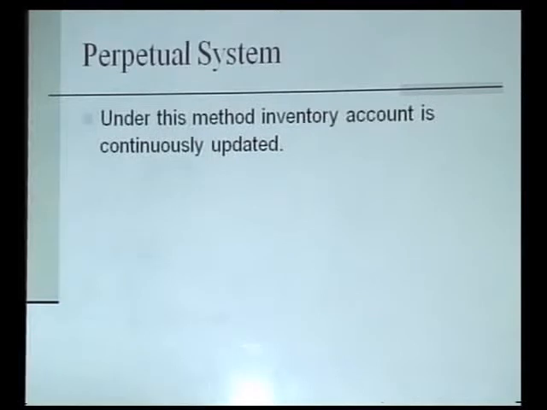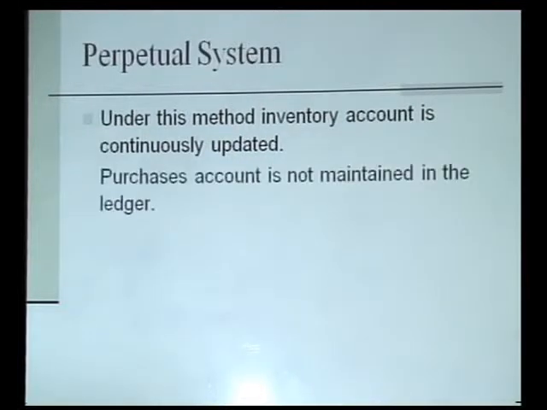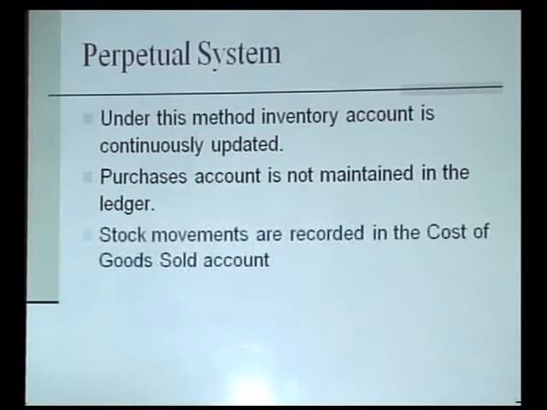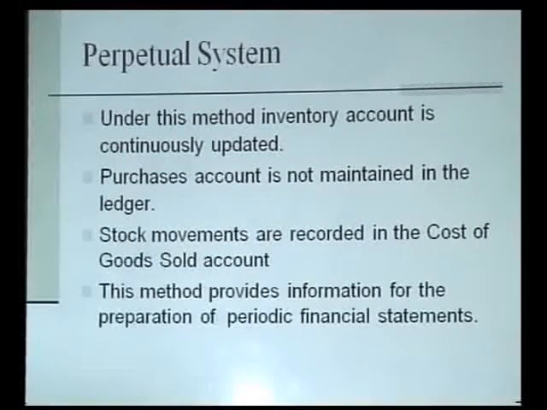Under the perpetual system, inventory account is continuously updated. When there is a change in inventory, it is updated immediately after the change. Under this method, there is no purchases account. All inventory movements are recorded in the cost of goods sold accounts. So therefore, it is very useful, and this system provides information for the preparation of periodic financial statements.